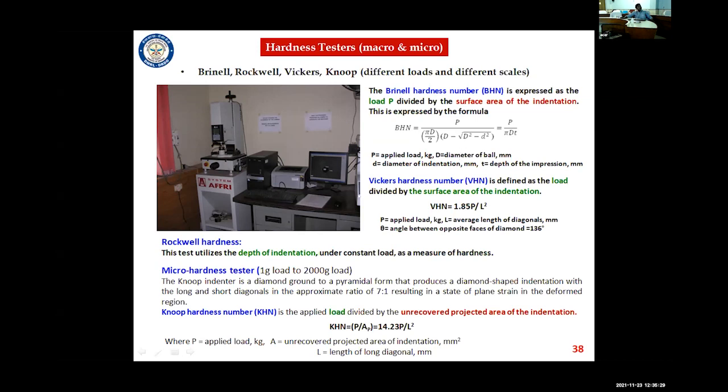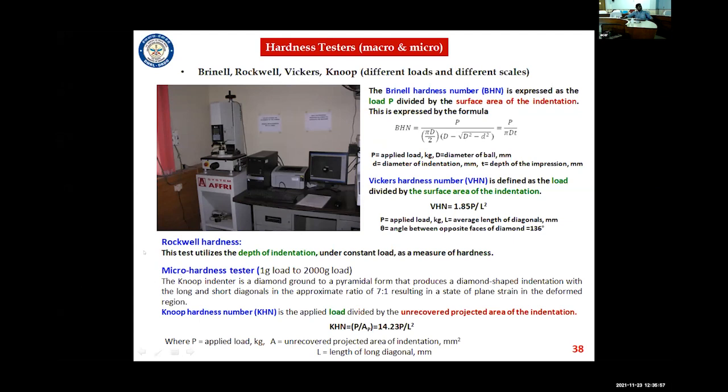We can also use the Vickers hardness number, which is also defined by the load divided by the surface area of indentation, where VHN is 1.85 P over L squared, P is the load, and L is the average length of the diagonals in mm. Using this formula we can determine the Vickers hardness number by selecting different loads, and that load depends on the material.